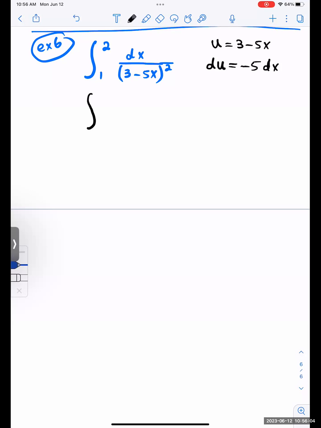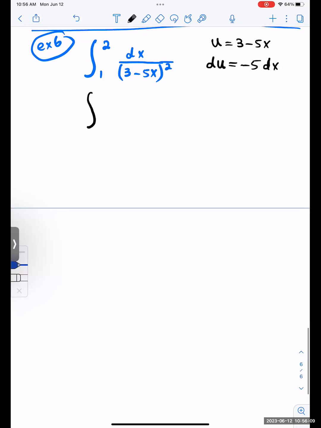Let me just recalculate the bounds in this case. First, let's substitute. In the denominator, I have u squared. In the numerator, instead of dx, I will put du over negative 5, which I can pull that negative 5 out. Do you agree?